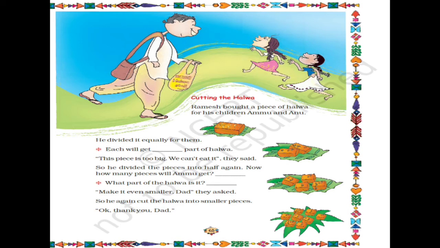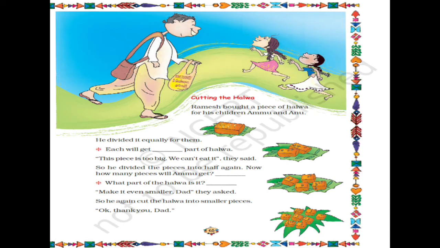So looking at the piece of halwa, Ammu and Anu are saying, Dad, make it even smaller than this. So he again cut the halwa into smaller pieces. Okay, thank you, Dad. So Ramesh cut the halwa into smaller pieces. Looking at that, Ammu and Anu said, thank you, Dad. So these are the pieces.